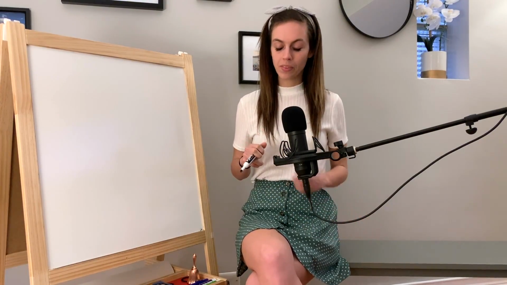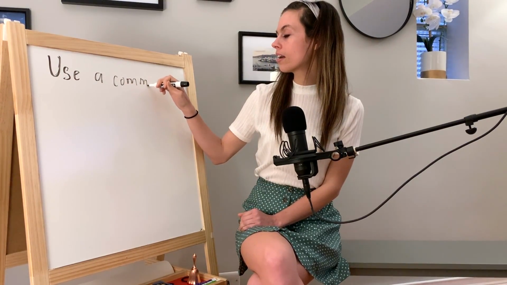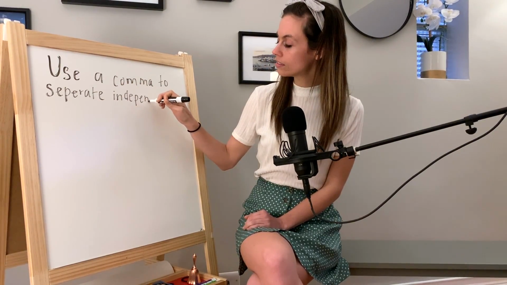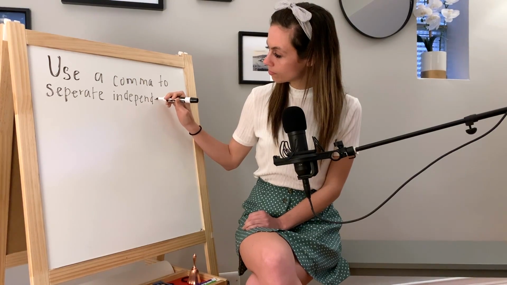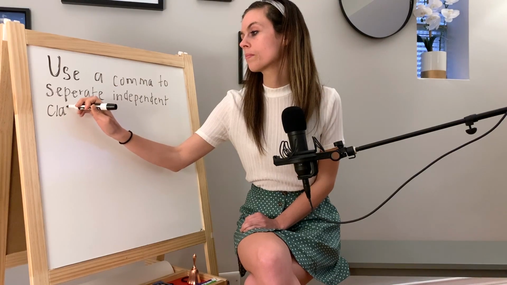Alright, so the first rule is to use a comma to separate independent clauses.